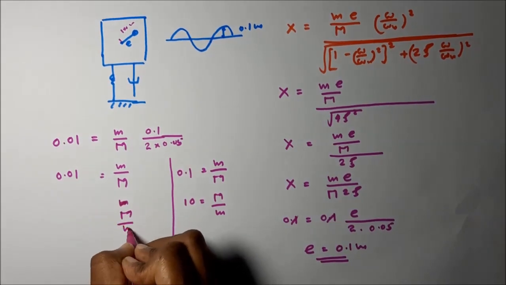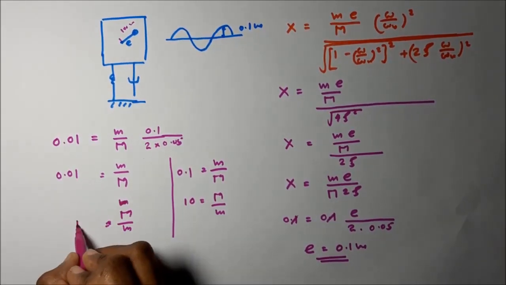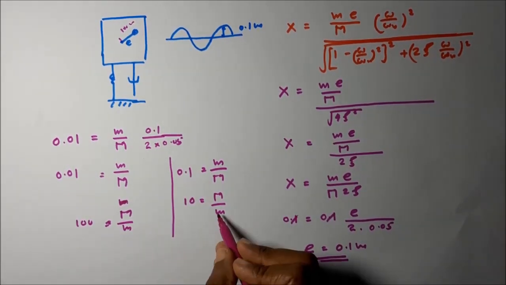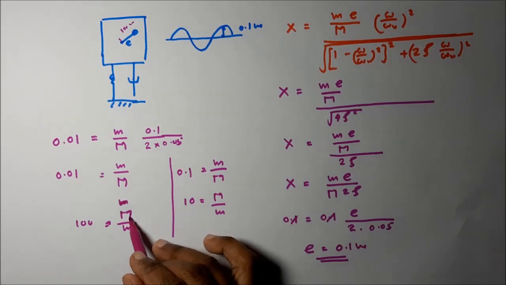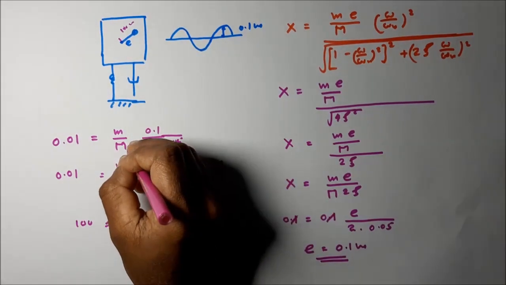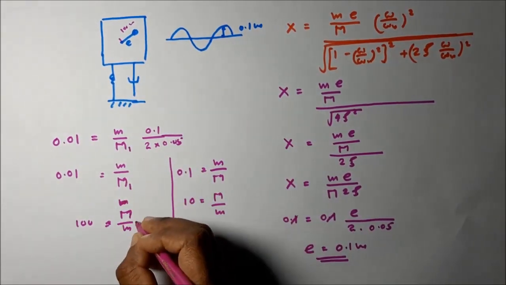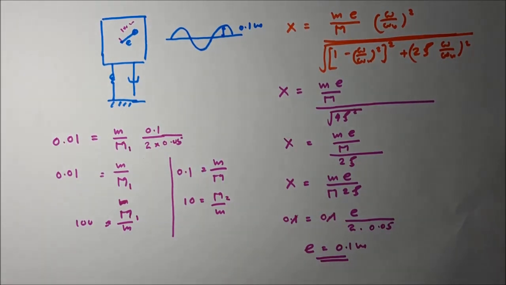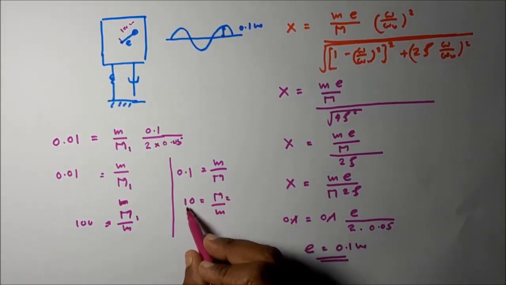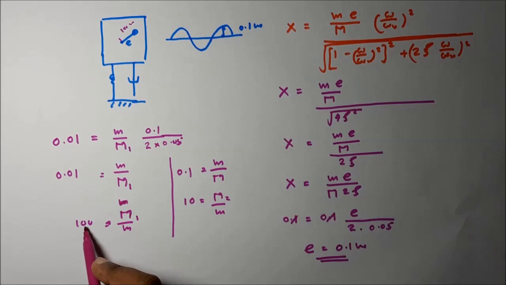Capital M divided by m is equal to 10 in the existing system, and it should become 100. Here m is not changing, but let's take m1 and m2 for the two situations. In this situation it is 10 times, but it should be 100 times, so this ratio should be 100.